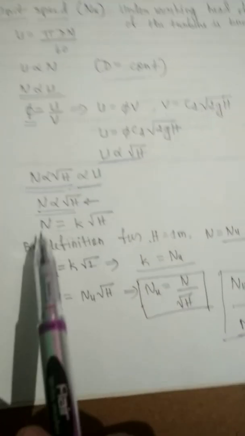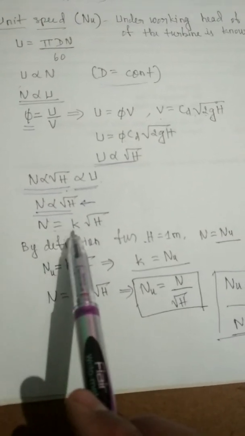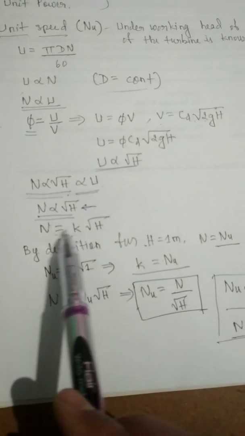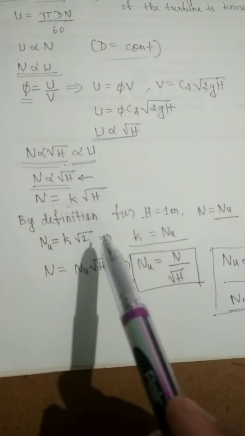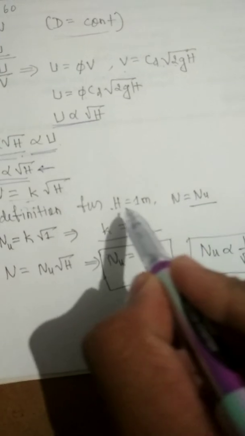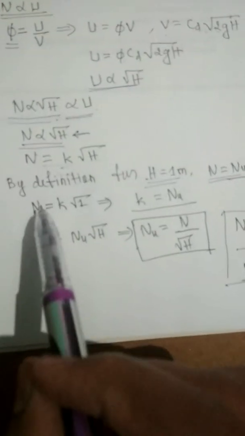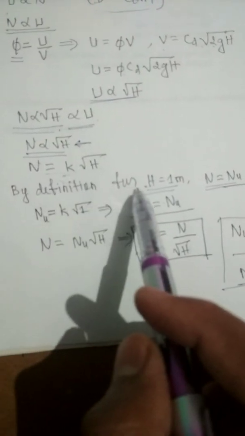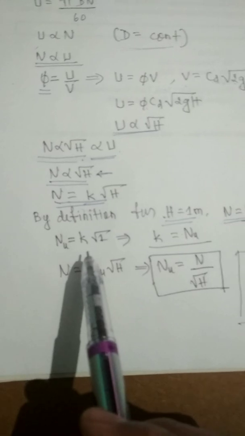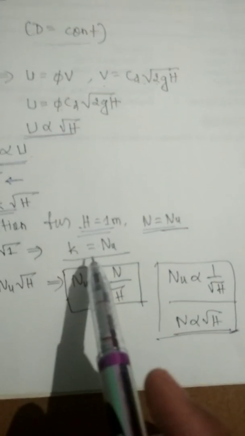Further, if I remove the proportionality sign, I need to introduce a constant k, that is n is equal to k into square root of h. From the definition of unit speed, for a working head of 1 meter, the speed of the turbine is known as unit speed. So substituting the definition in the equation, we get nu is equal to k. So k is equal to nu.